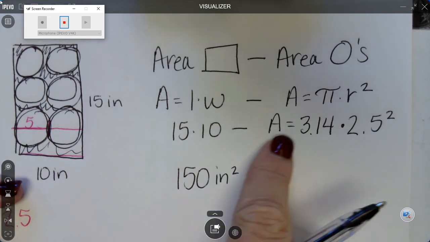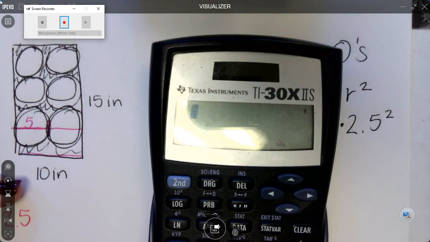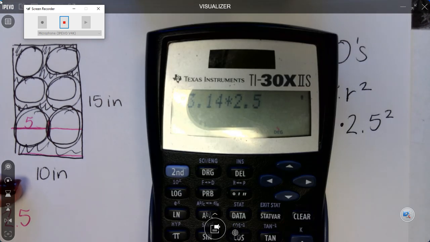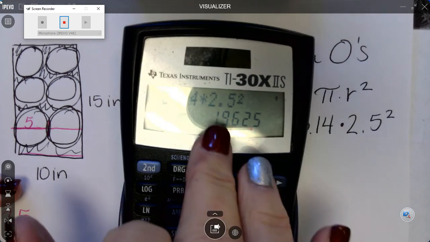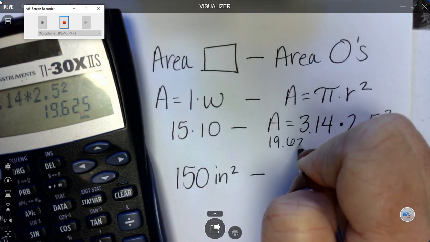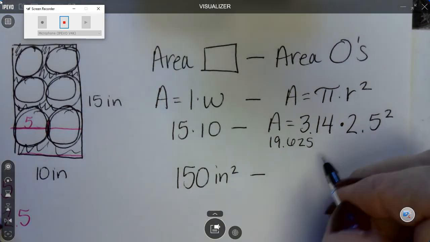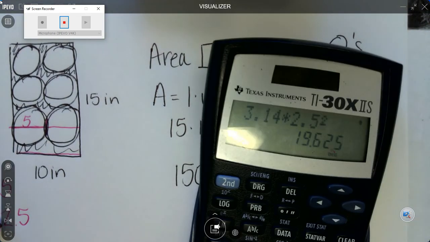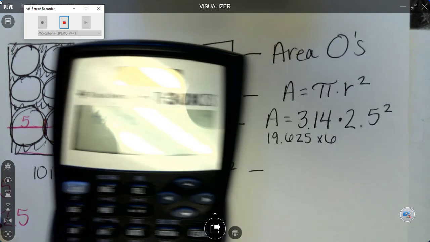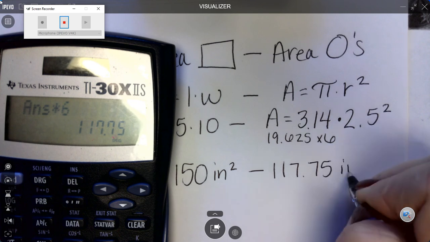The area of one circle, let's find out. 3.14 times 2.5 squared. The area of one circle is 19.625. But how many circles are there? 6. So I'm going to multiply this by 6. And it comes out to be 117.75 inches squared.